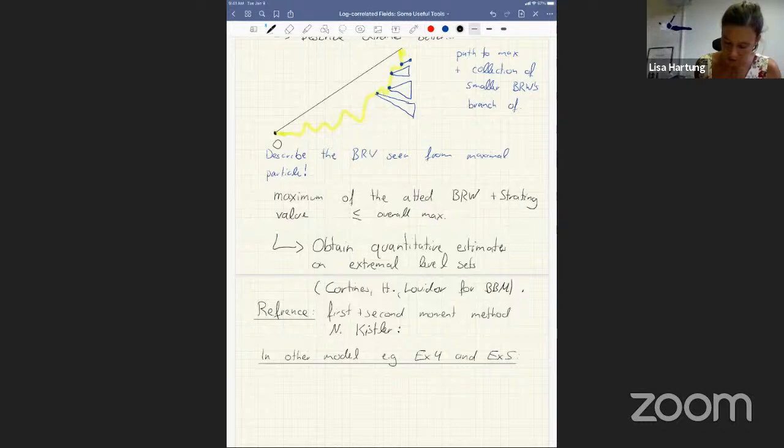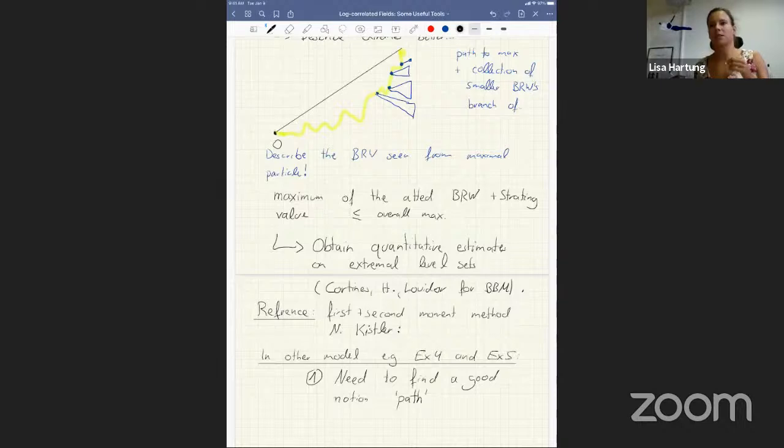The first step is you need to find a good analog, a good notion of what you actually mean by the path. If you have a random walk, it's clear what it is. In branching random walk, it's there. In BBM, it's there. But in the other models, you actually have to look for it.